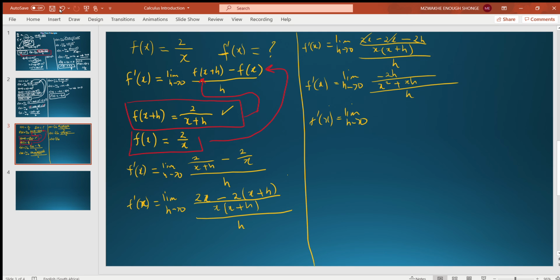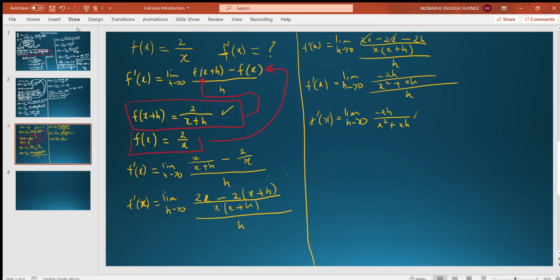So f prime of x equals the limit as h tends to 0. Now let's rewrite this whole thing in this form: minus 2h over x squared plus xh, divided by h. If you want to remove the division sign, you can erase this and put a multiplication.